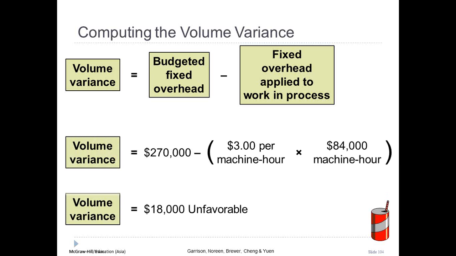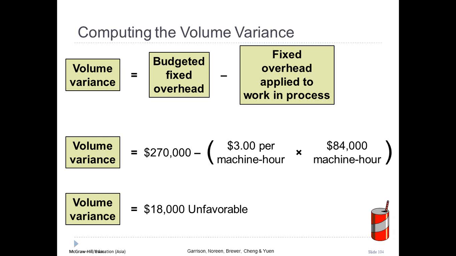The fixed overhead applied to work in process is computed by multiplying the fixed component on the predetermined overhead rate, $3, by the standard machine hours allowed for the actual output, 84,000 hours. The volume variance is $18,000 unfavorable.